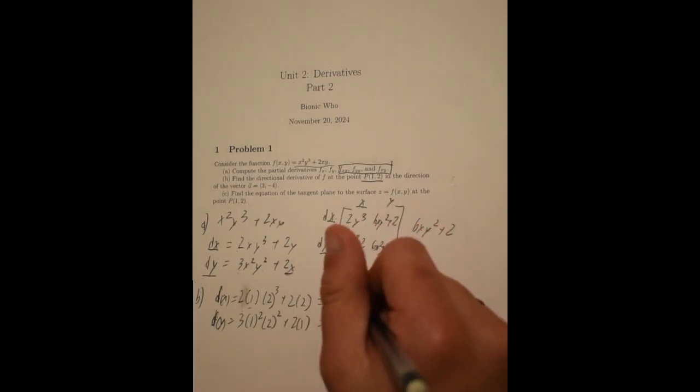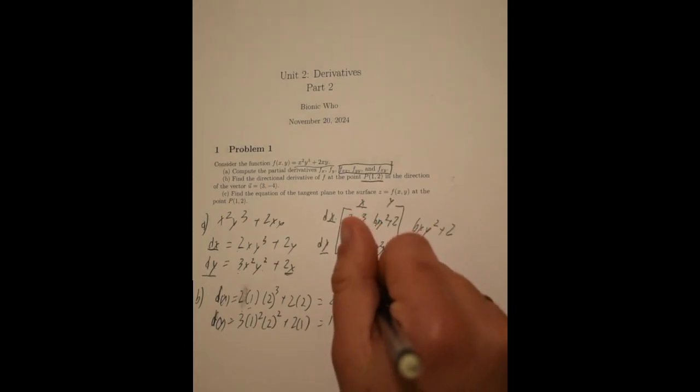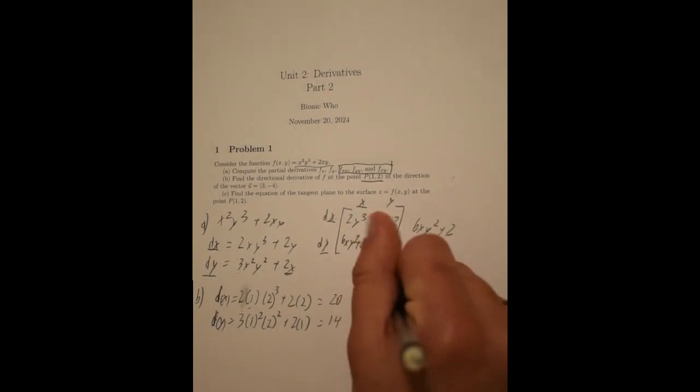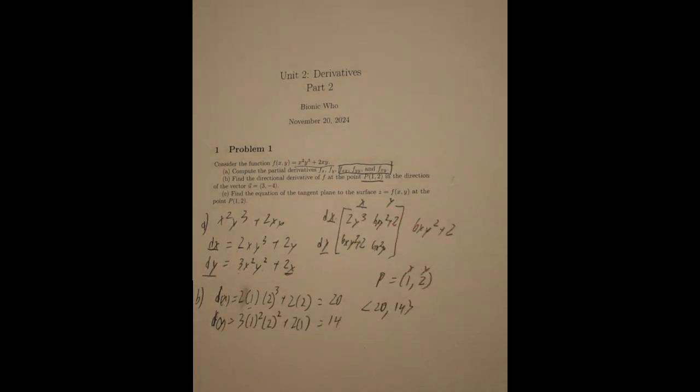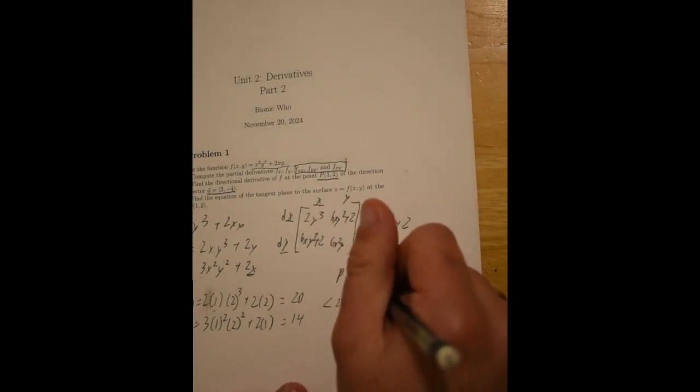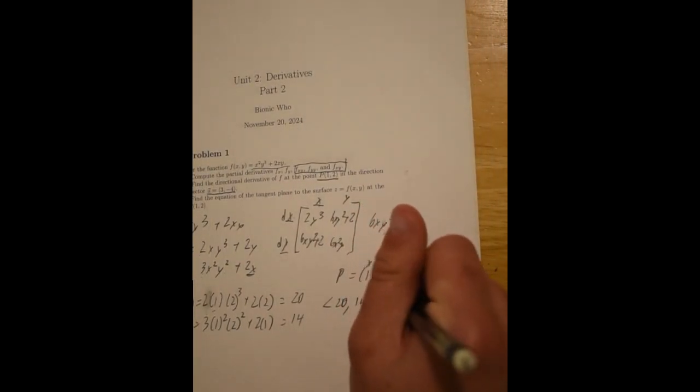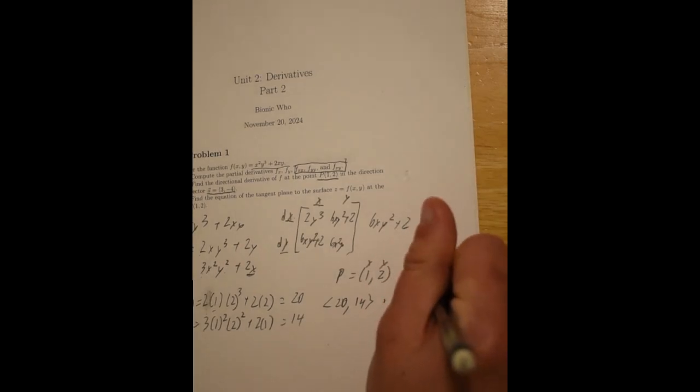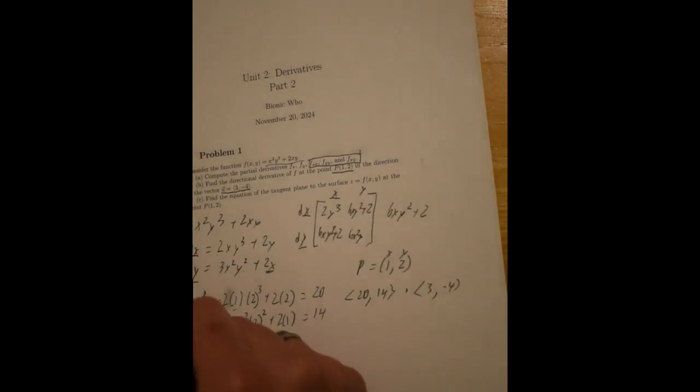So now that we have these two numbers, we write them off to the side like this, 20 and 14. And then what we do with those numbers is multiply them by these u values, the 3 and the negative 4. And we dot them specifically. So I'll write that out as 3, negative 4. So we go 20 times 3 plus, that's the important part with dotting, 14 times negative 4.